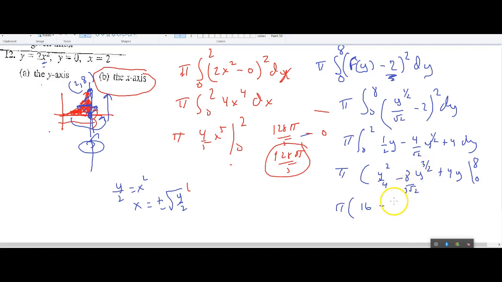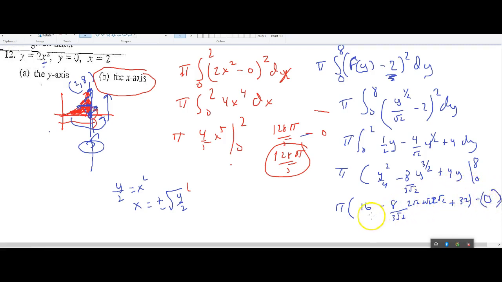So I'm going to get 8 over 3 root 2 times 2 root 2 times 2 root 2 times 2 root 2. Notice, when I put the 8 in there, I get square root of 8, which is 2 root 2 if I simplify it. I have to cube that, so I've got that sitting there for simplifying purposes, then plus 32 minus 0, because when I plug in zeros, I get a whole bunch of zeros.